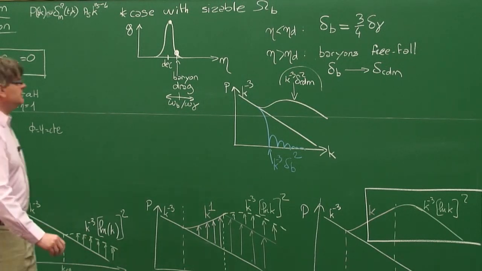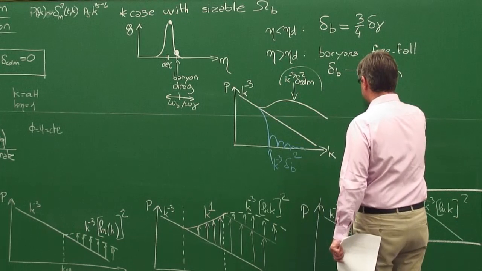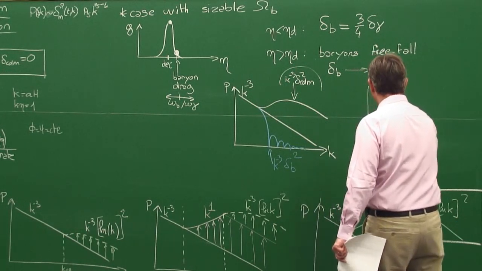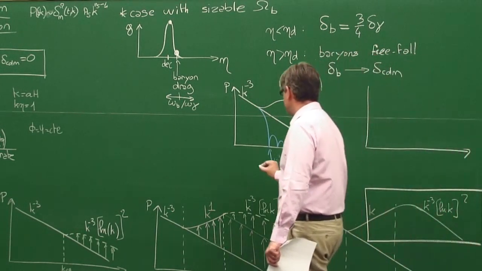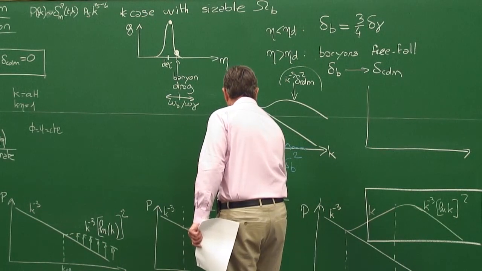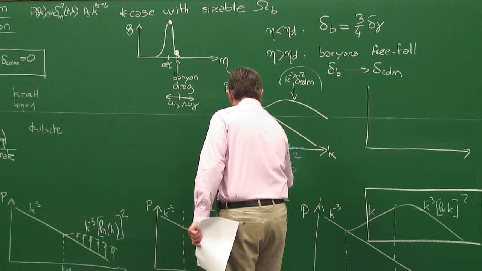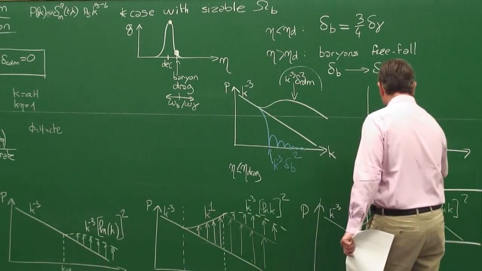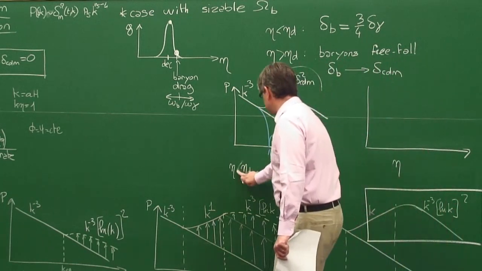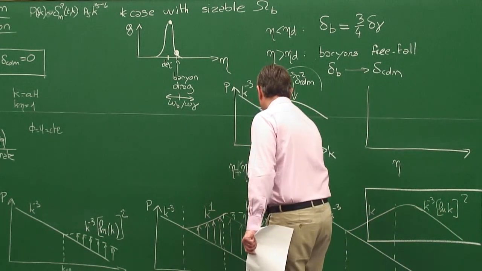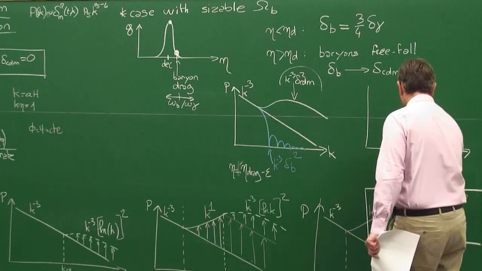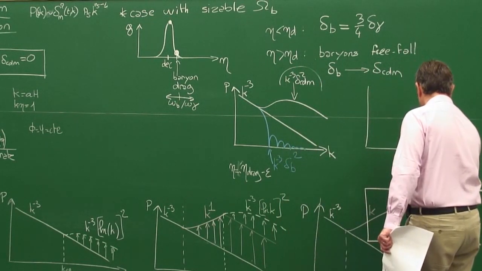Okay, so what if I make the same plot soon after baryon drag? So this was for eta before baryon drag. And now for eta, let's say, baryon drag minus epsilon and eta equal to baryon drag plus epsilon.